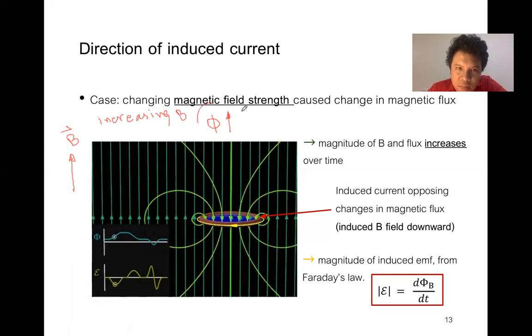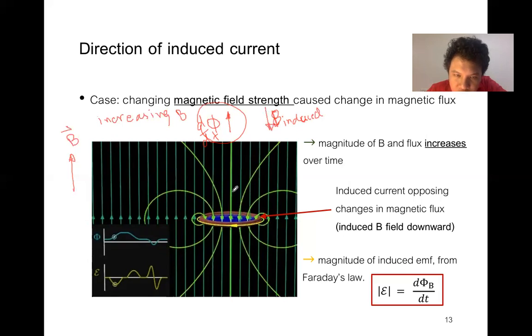When the change in magnetic flux occurs in the up direction, we have that the B induced occurs in the down direction.